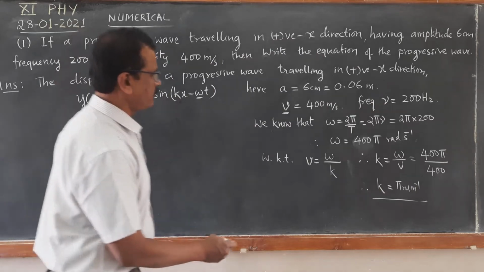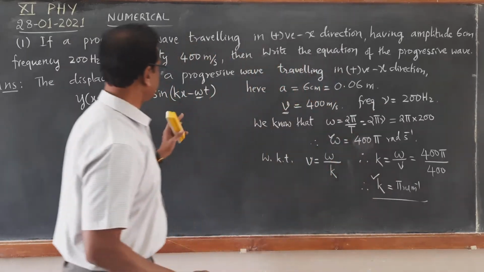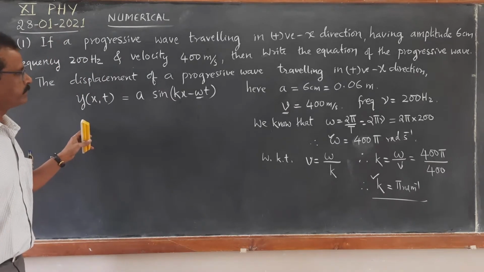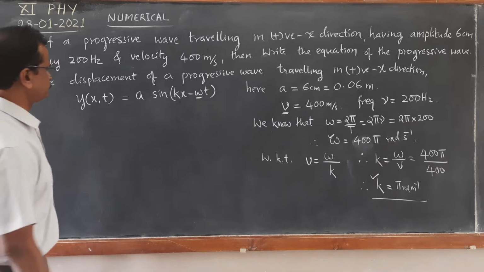So we got the value of k, we got the value of omega. Now we can substitute to get the equation for the traveling wave progressing along positive x direction.